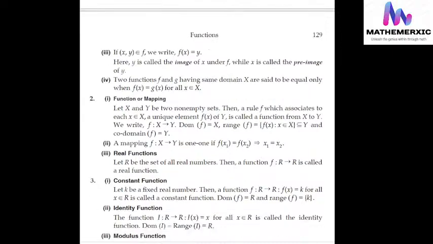Now, functional mapping. Let there be X and Y, two non-empty sets.